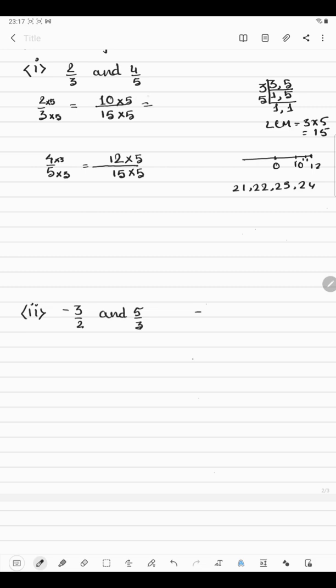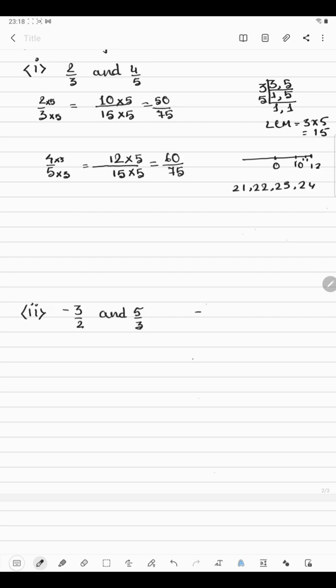So see, 10 5s are 50, 15 5s are 75. Here 12 5s are 60 and 15 5s are 75. So if you see from 50 to 60, total 10 numbers are there, right?